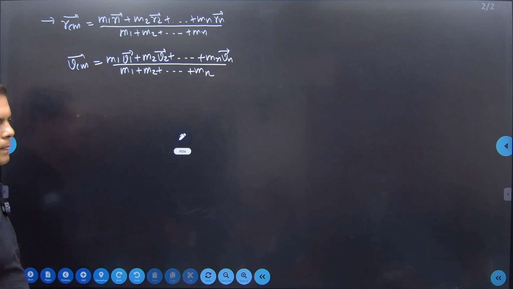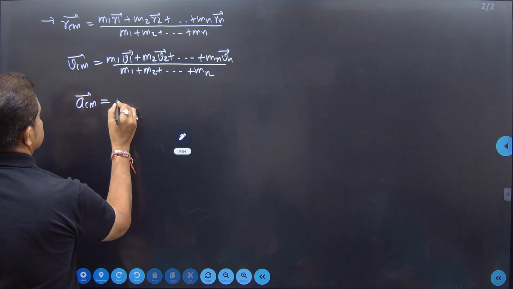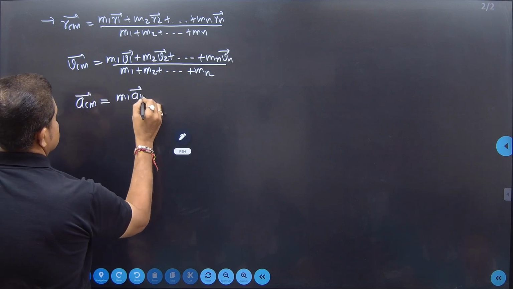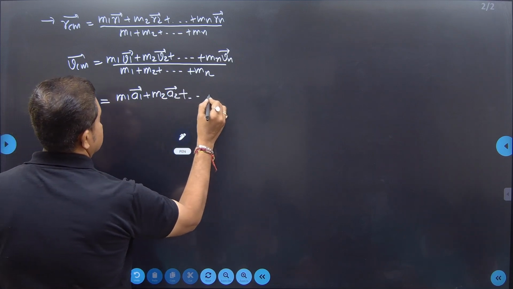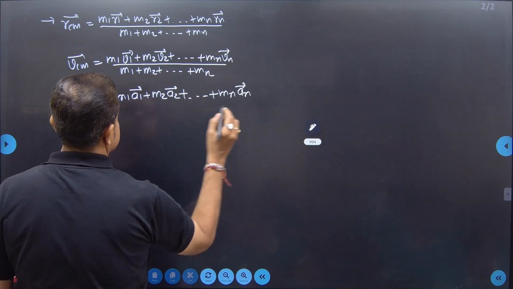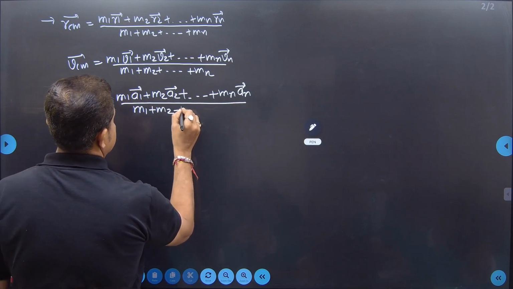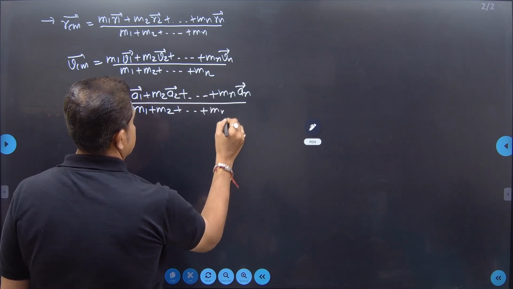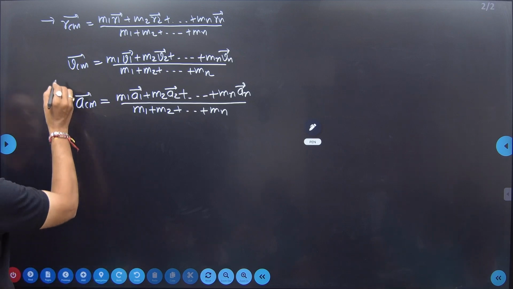Similarly, the acceleration of the center of mass is m1 a1 + m2 a2 and so on up to mn an, upon m1 + m2 and so on up to mn. Clear?